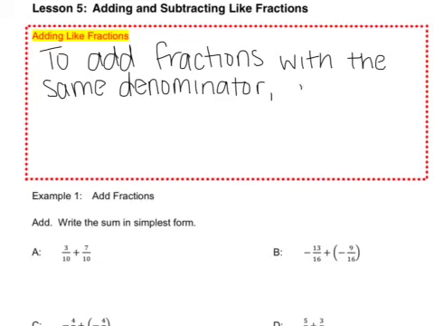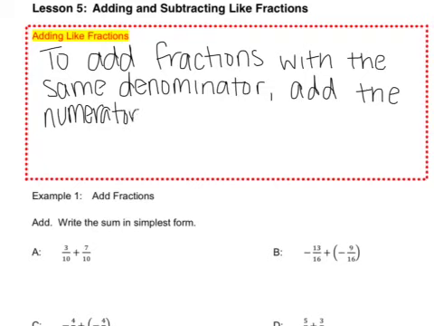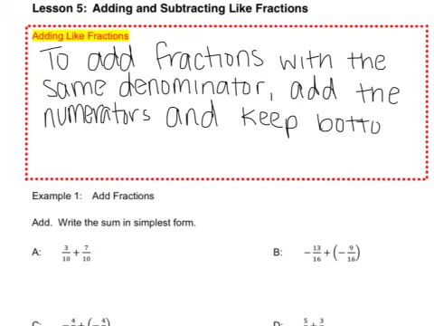You add the numerators, so add the top numbers together. And you keep the bottom number. So you don't do anything with the bottom number, you keep the denominator.